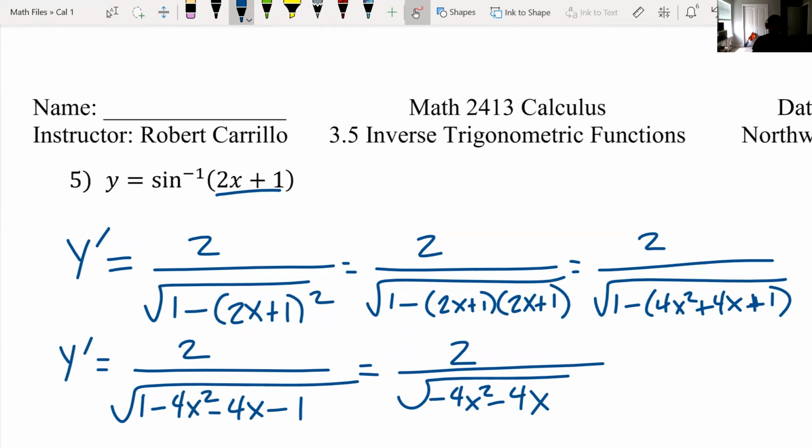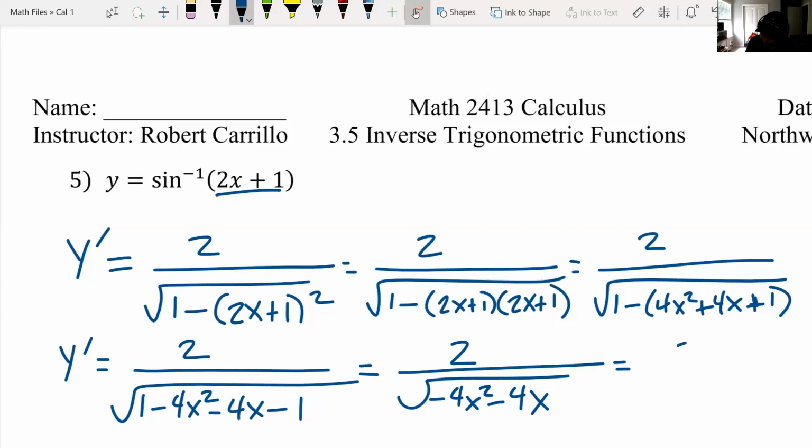Okay, now the only thing I see, yes, there's a common factor of negative 4x, but can I take the square root of negative 4? No, unless I want imaginary numbers. So the only thing I'm going to factor out of this is just the 4. That's it, just the 4.